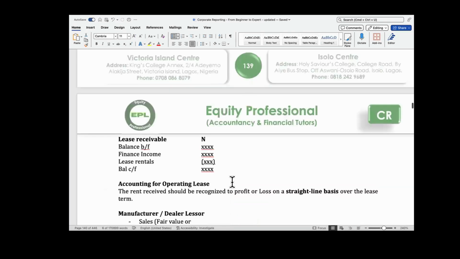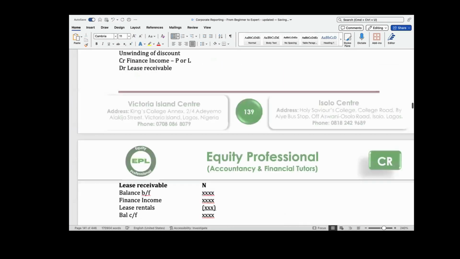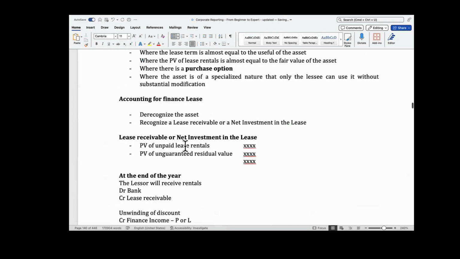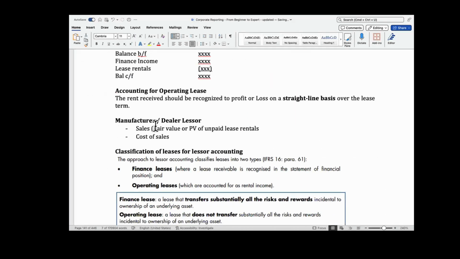So usually, for sales, you're only going to compare the fair value with the PV of unpaid lease rentals. Only just this one. That's what looks more like sales. So the idea is this. The standard says if it's a manufacturer or a dealer lessor, he also needs to recognize sales and cost of sales.